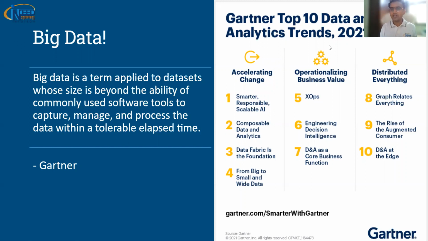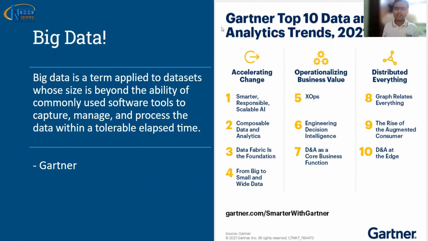Now, let me introduce you to Gartner's top 10 data analytics trends, 2021. So accelerating change. The first category is operationalizing business value. Second, distributed everything. So in three categories, you can see here. The first one says smarter, responsible, scalable AI, composable data analytics, and data fabric as the foundation, from big data to small to wide data.